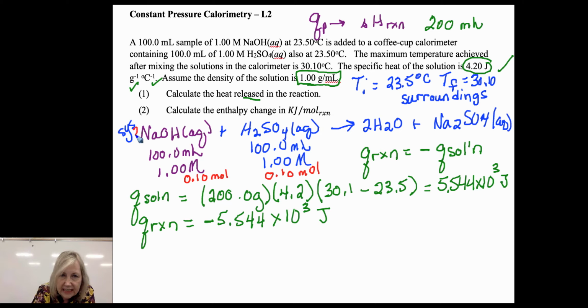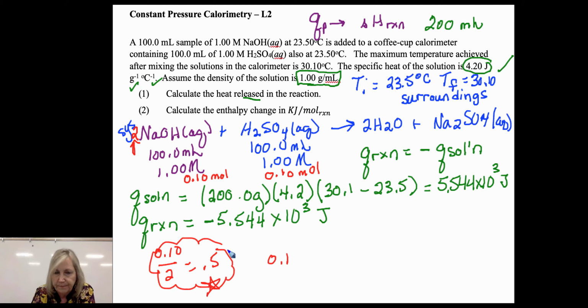If I correctly balance my equation, I need twice as many moles of NaOH as I have H2SO4. And I don't have that. The other thing you can do is divide those by the coefficients. For NaOH, it's 0.5. For the H2SO4, it's 0.1. Pick the smaller. That's your limiting reagent. And so that is going to be what I will use to determine my moles of reaction.